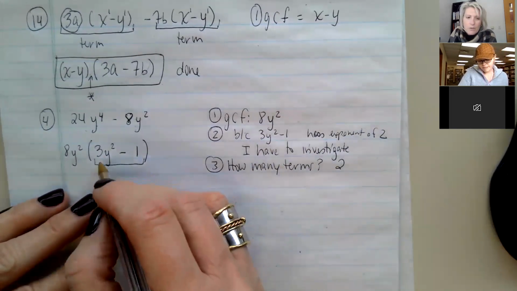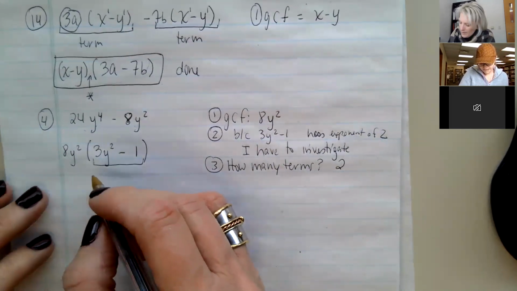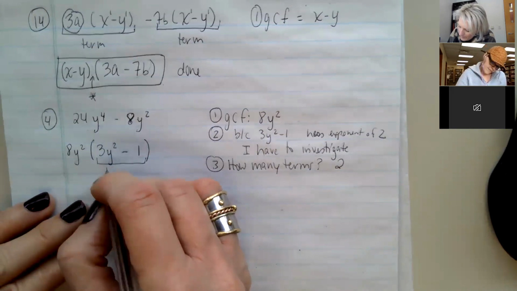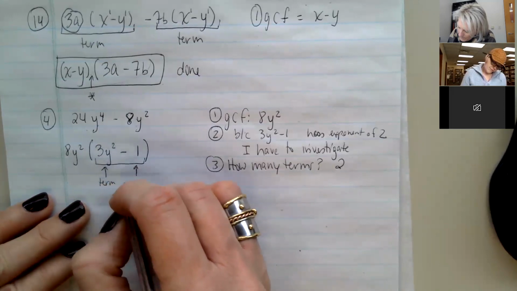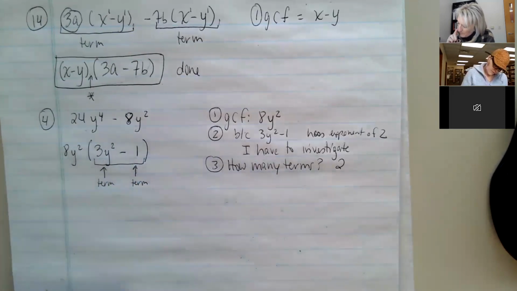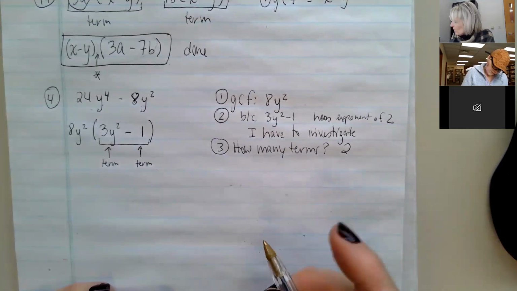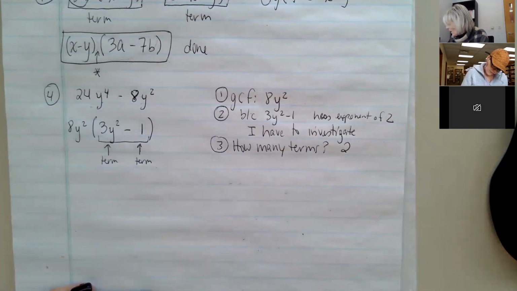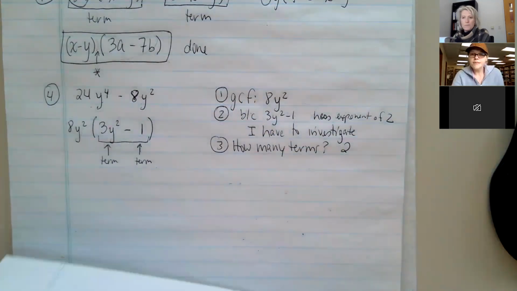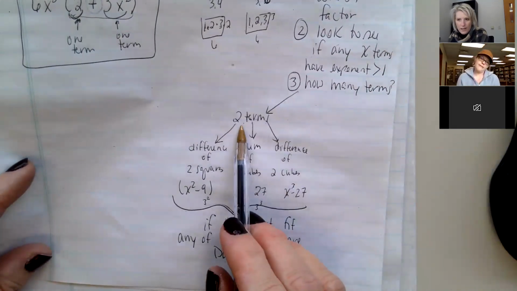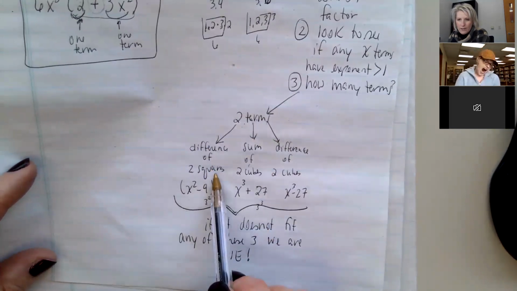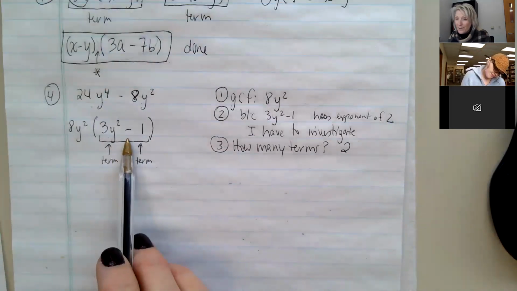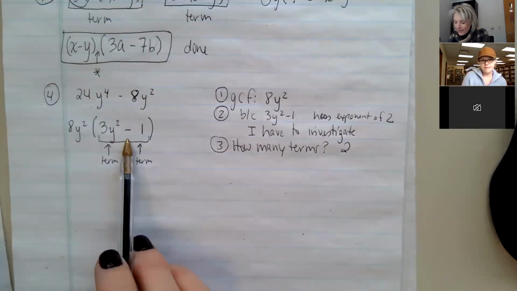And there are 2 terms, right? I have this term and this term. So I'm going back to my original question when I had 2 terms, right? So a possibility is the difference of 2 squares. So I do have a difference this time, right? So this is a possibility.